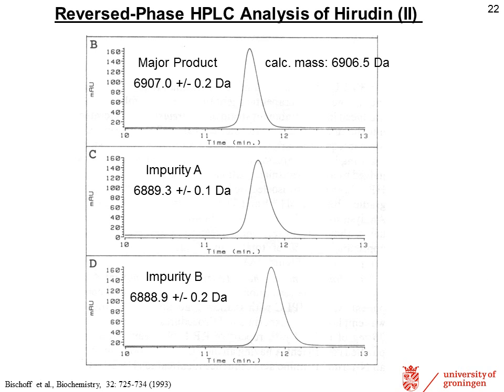However, after major efforts, we were able to purify the compounds in the impurity, and it turned out that the impurity was composed of two different molecules related to hirudin, impurity A and impurity B. The major product is shown on the top. It had a calculated molecular mass of 6,906.5. It was thus a large peptide, or a small protein if you like.